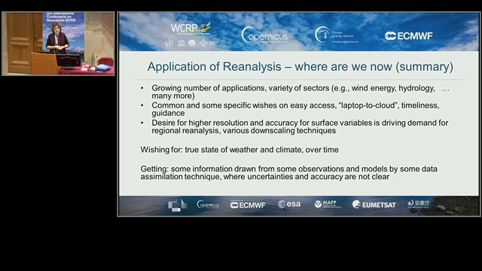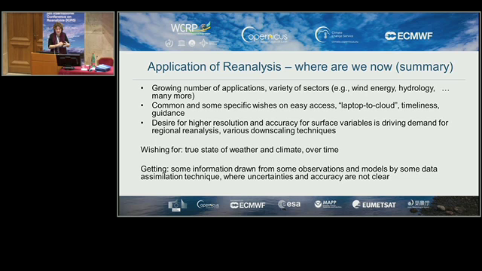There is a desire for higher resolution and accuracy for surface variables, which is driving the demand for regional reanalysis or various downscaling techniques. Just to remind, what we actually wish for is the true state of the weather and climate and how that changed over time.